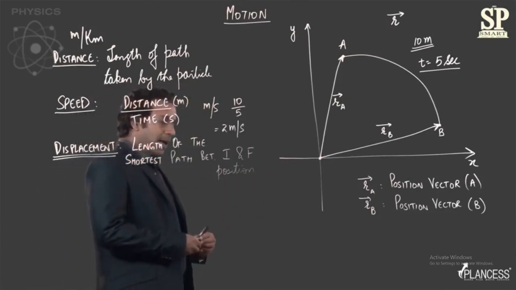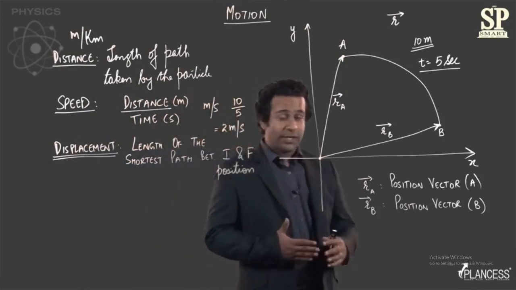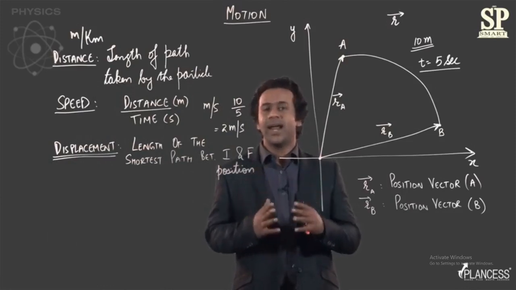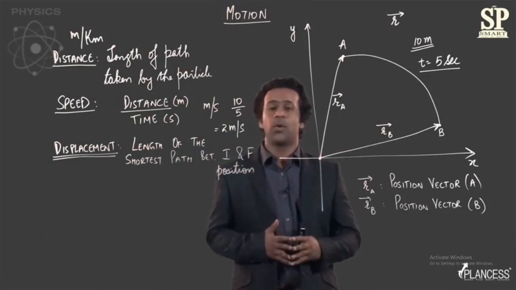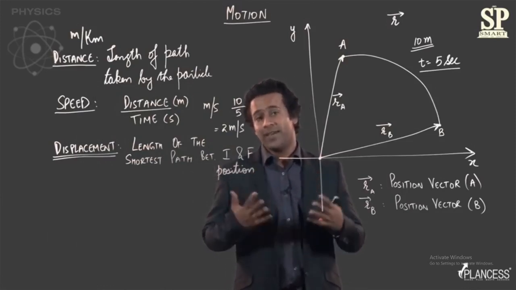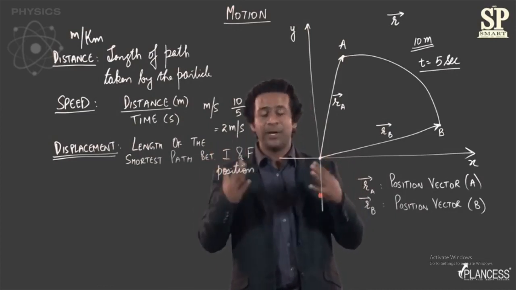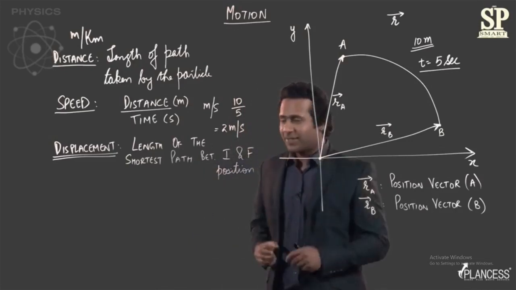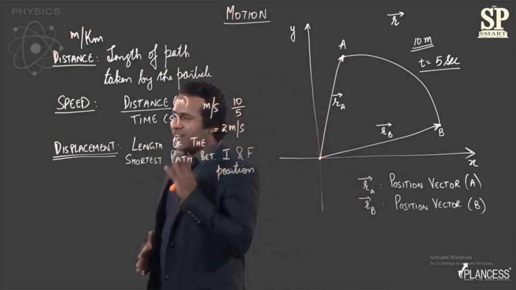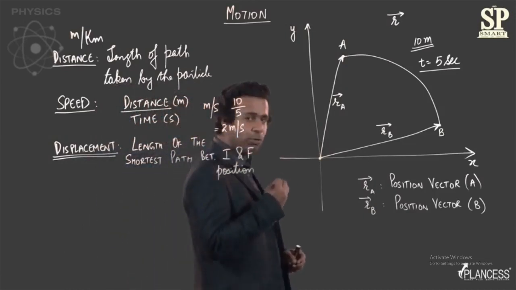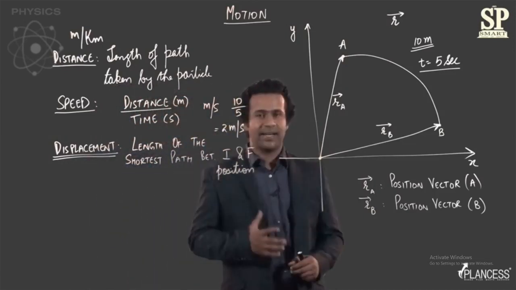I'm sure you know that the shortest path between any two points is the straight line joining those two points. The shortest distance between any two points is always a straight line.